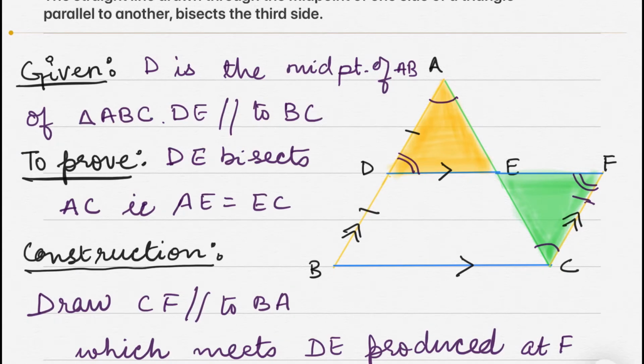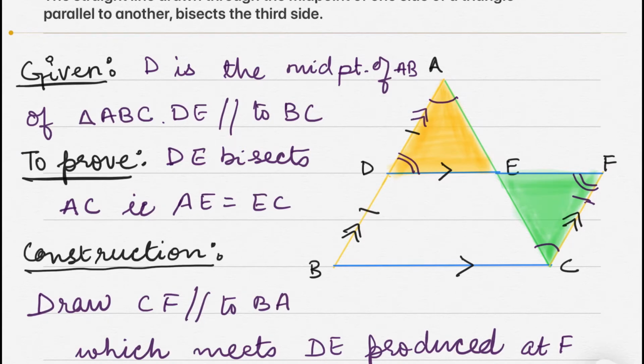So now in this case I can see that angle DAE is equal to angle FCE because they are alternate angles, as AD is parallel to CF, correct? As this is parallel to BD, so obviously this is also parallel to that. Now we have angle ADE is equal to angle CFE.